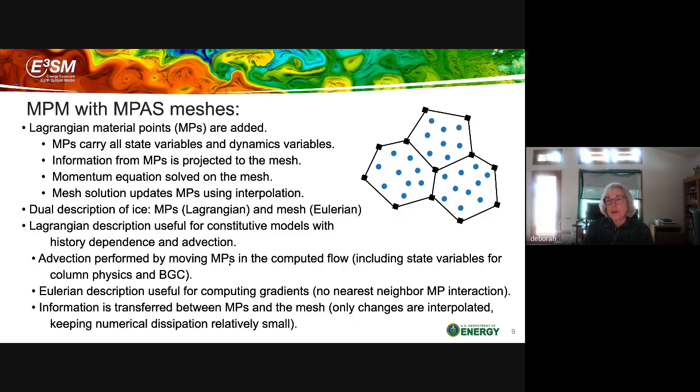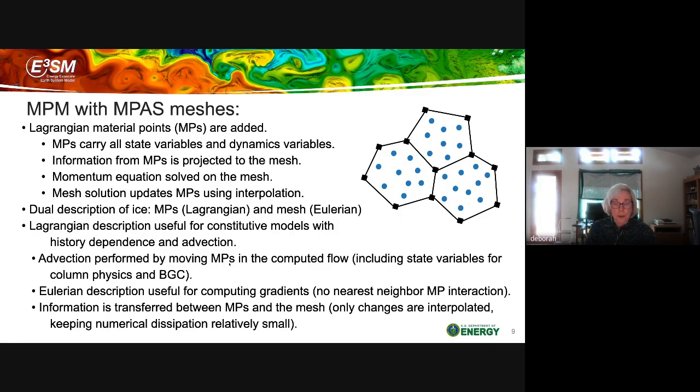So this gives us a dual description of the ice, if you like, the Lagrangian description based on material points, and then when we project information to the grid, we have an Eulerian description. Why add a Lagrangian description? Well, it's useful for constitutive models when you have history dependence or the fracturing, and it's also convenient for advection.